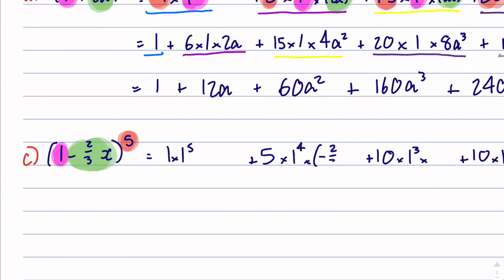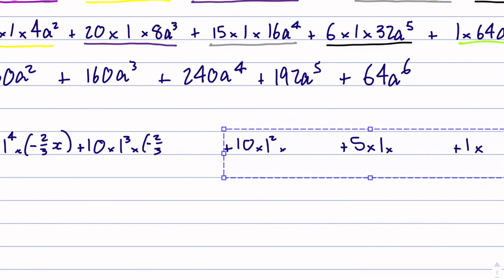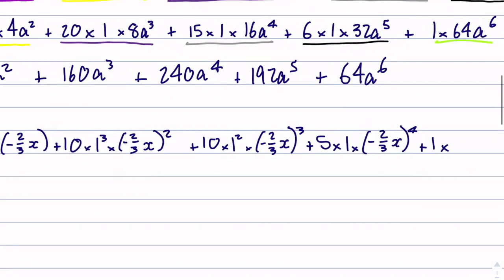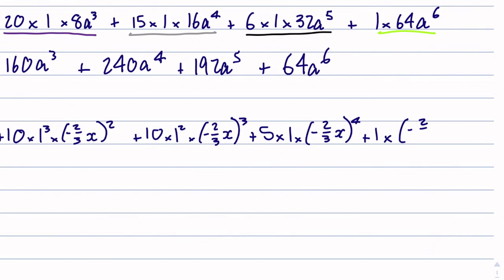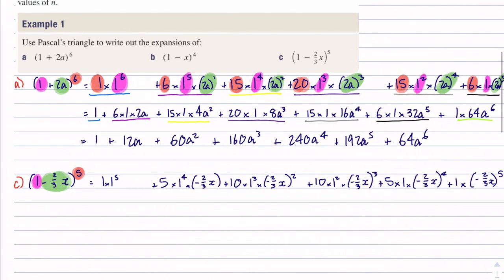Negative 2 on 3x. Negative 2 on 3x squared. Negative 2 on 3x cubed. Negative 2 on 3x to the 4. Negative 2 on 3x to the 5. Okay. So let's track where all these numbers went.